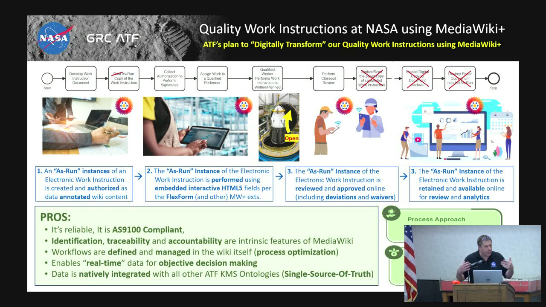And with the wiki solution to do these work instructions, we're able to enable real-time data for objective decision making. And the data itself is natively integrated with all of the other processes that we have digitally transformed and ontologized. And what this turns into is a very strong and robust single source of truth for the organization performing the work.